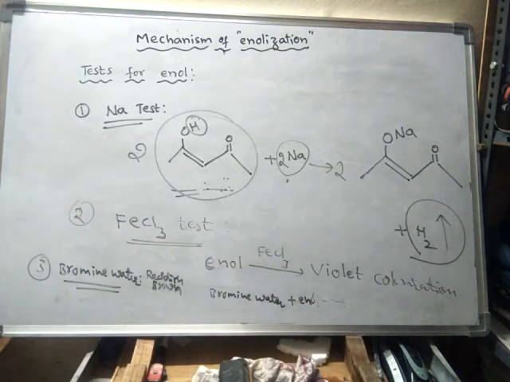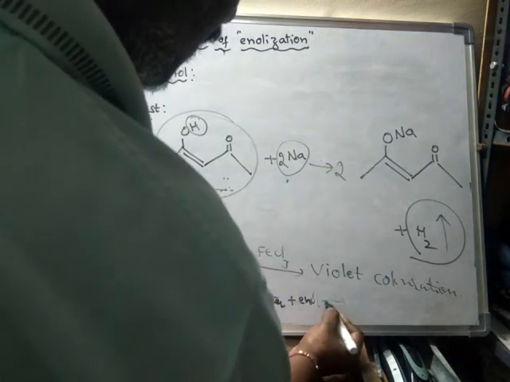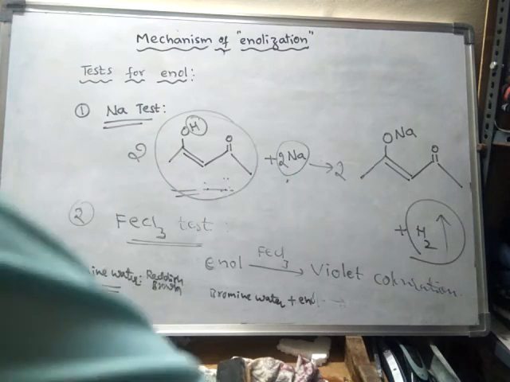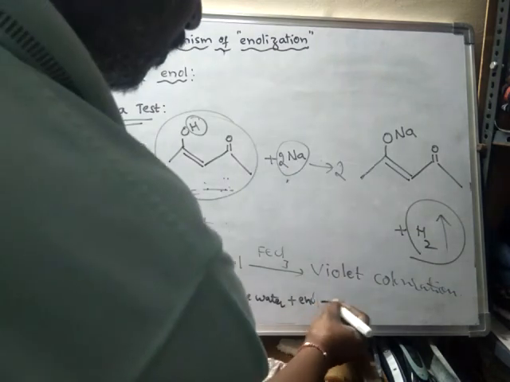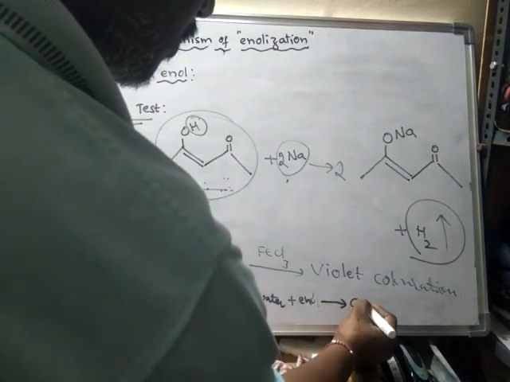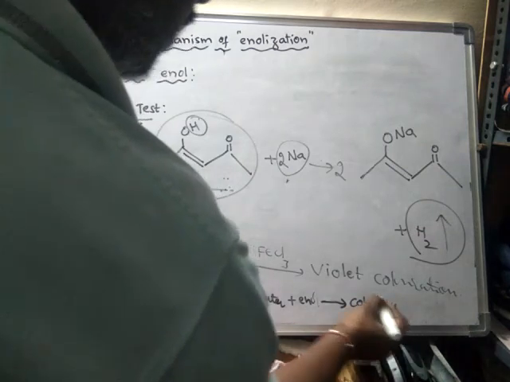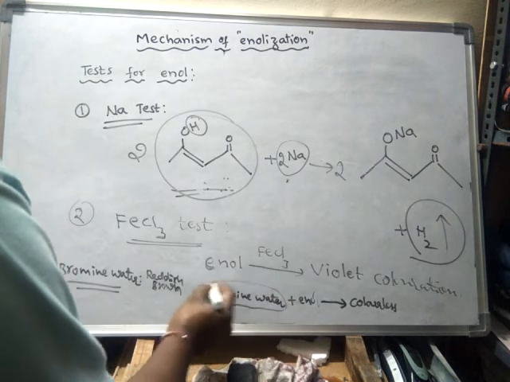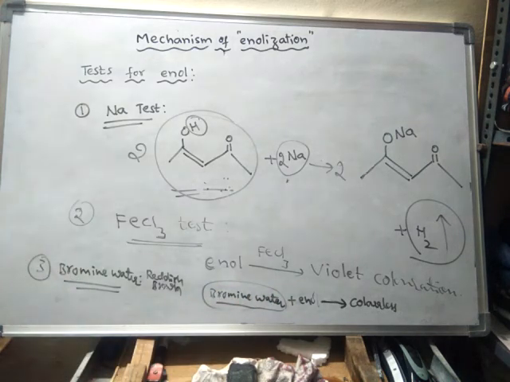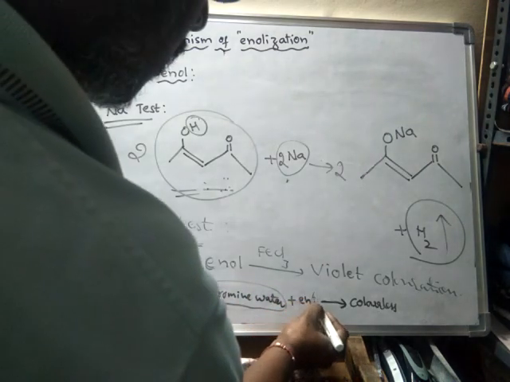The bromine water will become colorless. The reddish brown color is lost when enol is added to it.